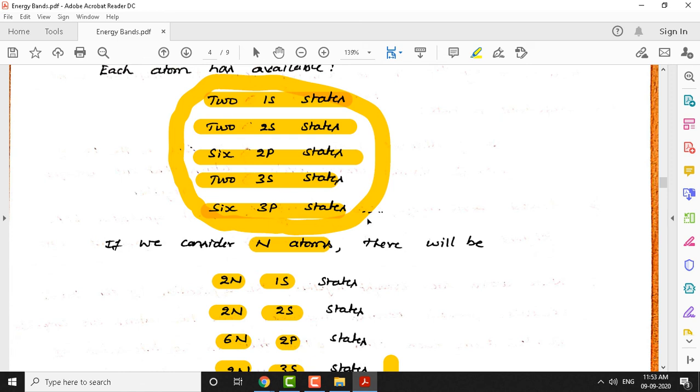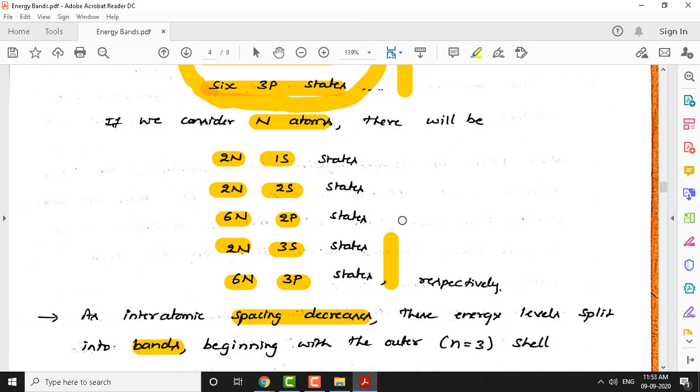In the case of n atoms in a solid, 3s and 3p form a valence band. It's not an orbit, we should call it a band here.